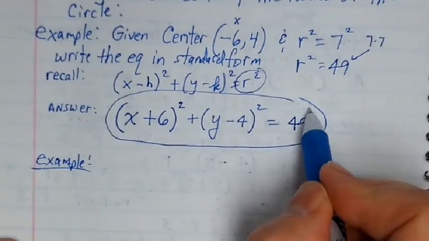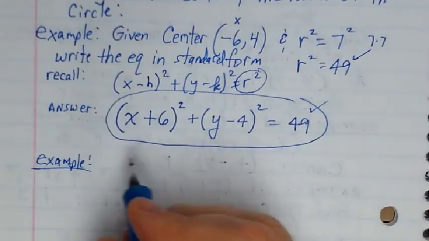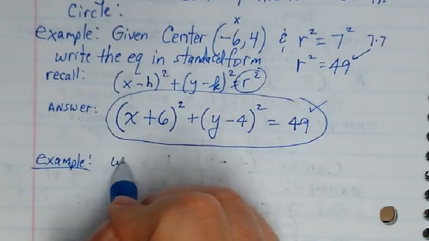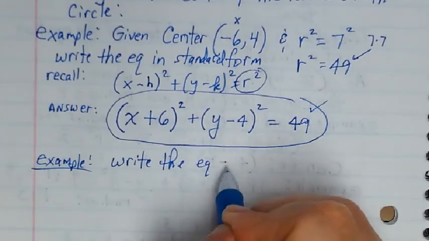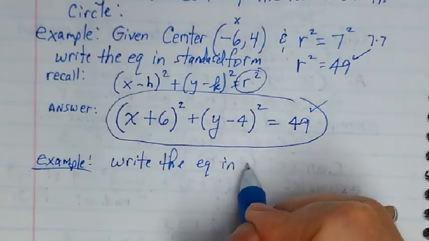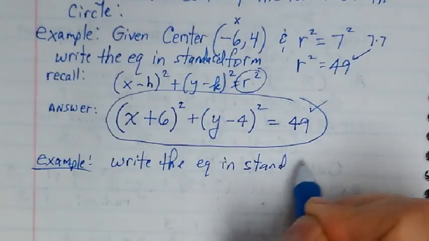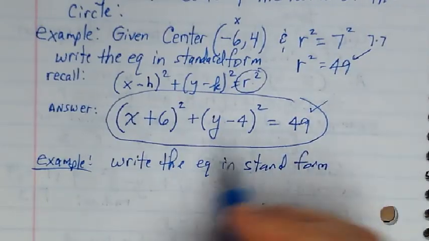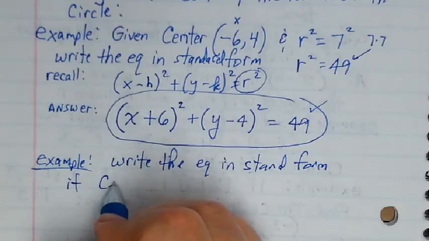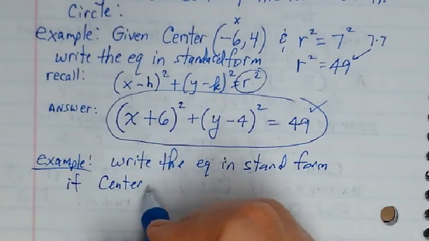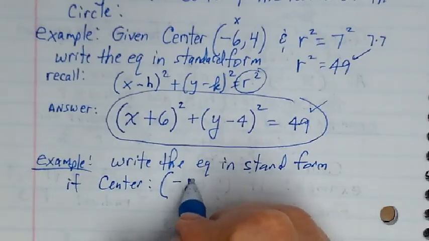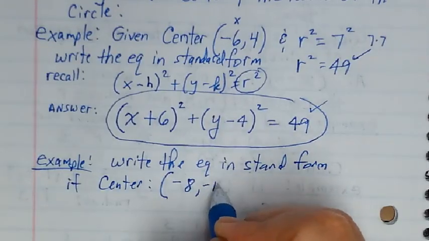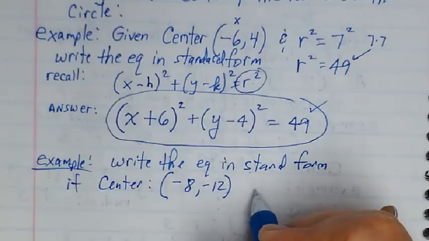Okay, so here it is. Write the equation in standard form if the center is negative 8, negative 12, and the radius is 2.